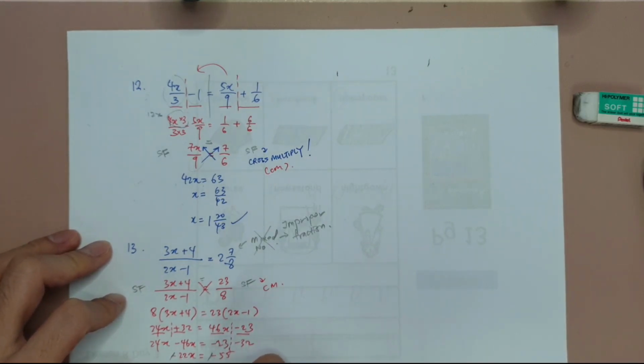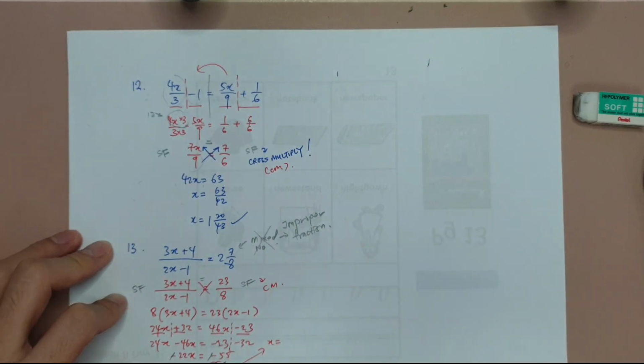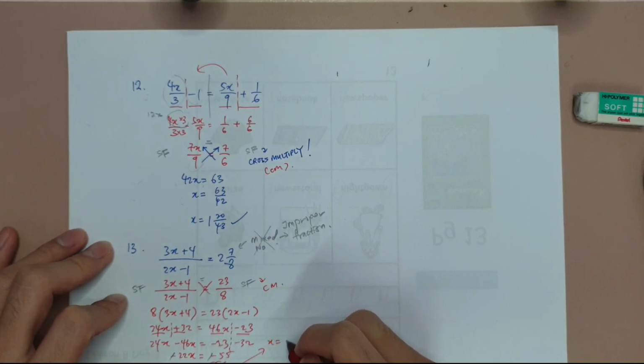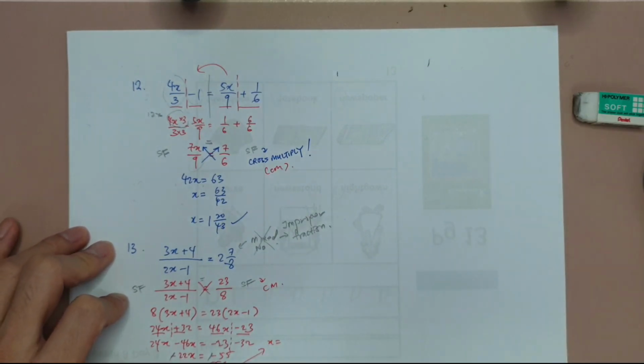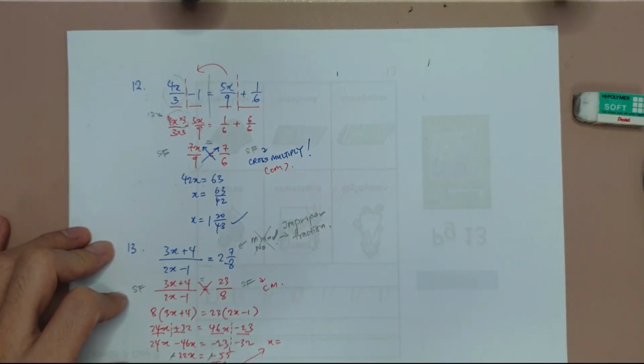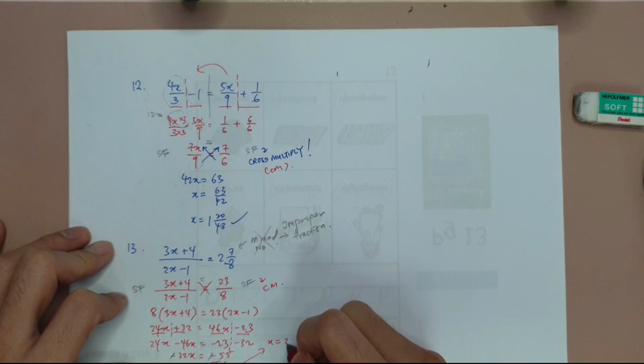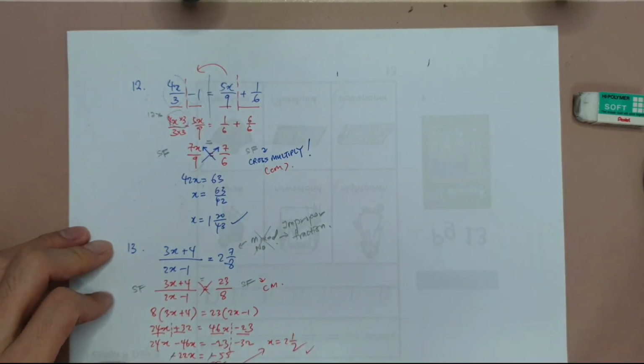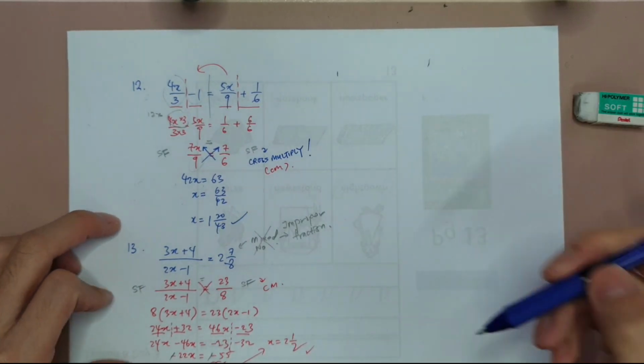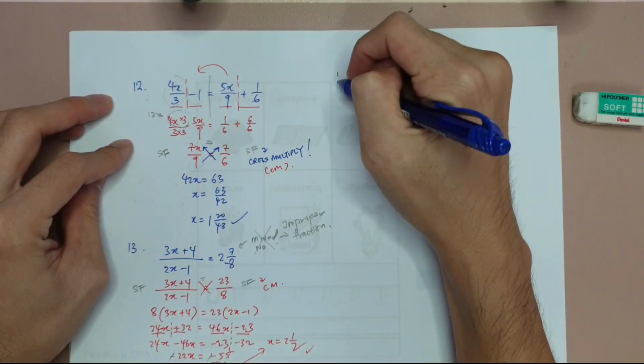So x equals to, that's why I say when I was in form 4, that's the moment where I suddenly understood so many mathematics tricks. Okay, so in the end, you type into your calculator 55 divided by 22, you'll be able to get 5 over 2, which you will change to 2 and 1 over 2. Okay, 2 more questions. Question 14.